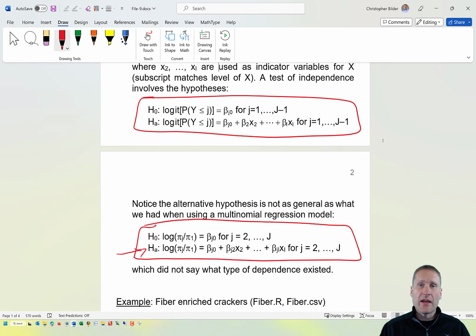So in other words, its alternative hypothesis model, you could say, is a subset of what would happen under the alternative hypothesis for the multinomial regression model. Some people will say that this is an alternative hypothesis that has some kind of constraints to it, where the probabilities in the alternative hypothesis model for the multinomial regression model have no constraints at all.